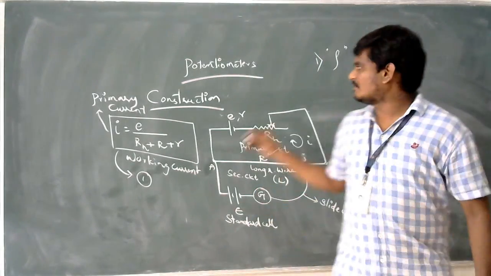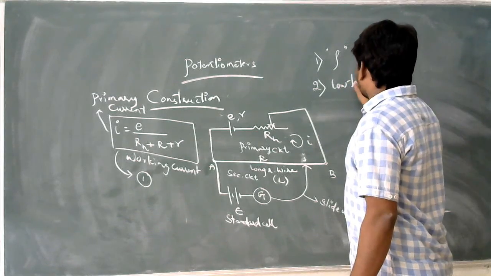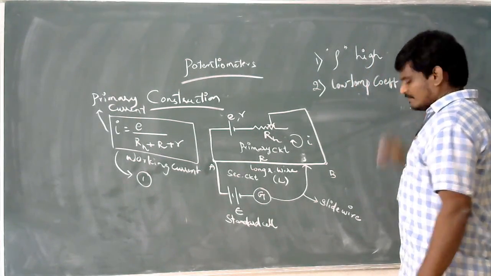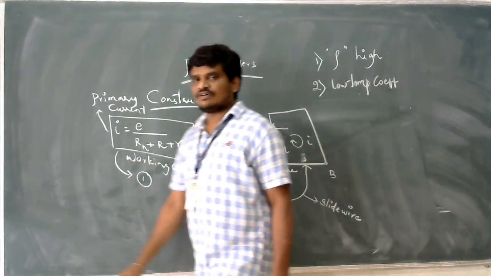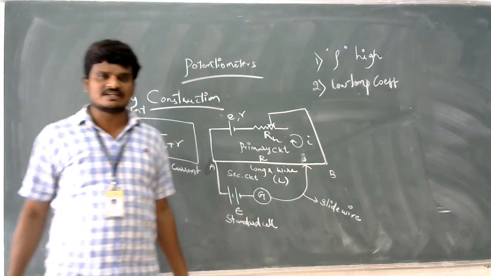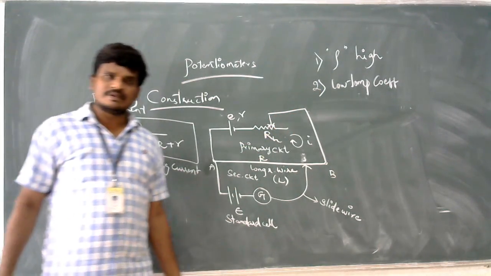Coming to the second property, it should have a low temperature coefficient. The first property of a potentiometer is that it should have high specific resistance, and the second is that it should have a low temperature coefficient.